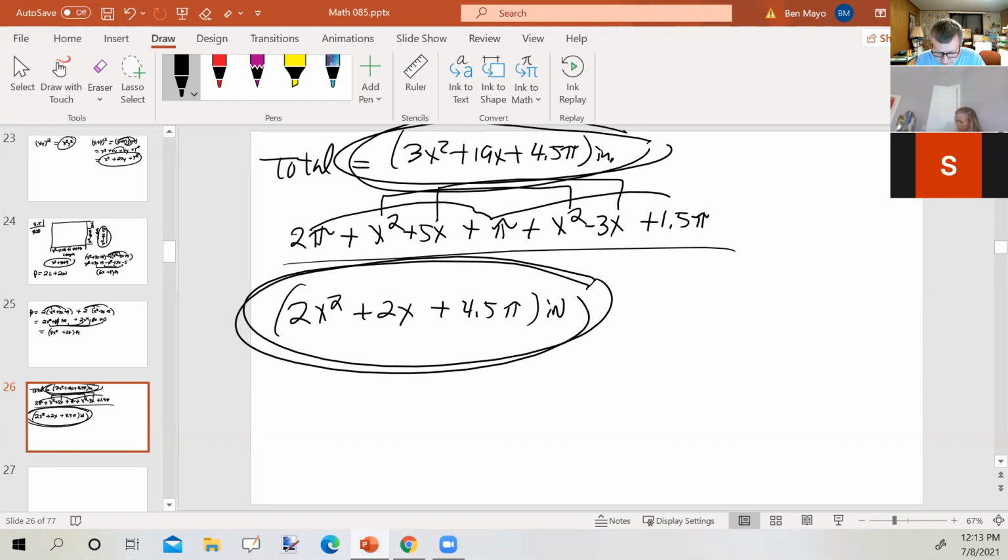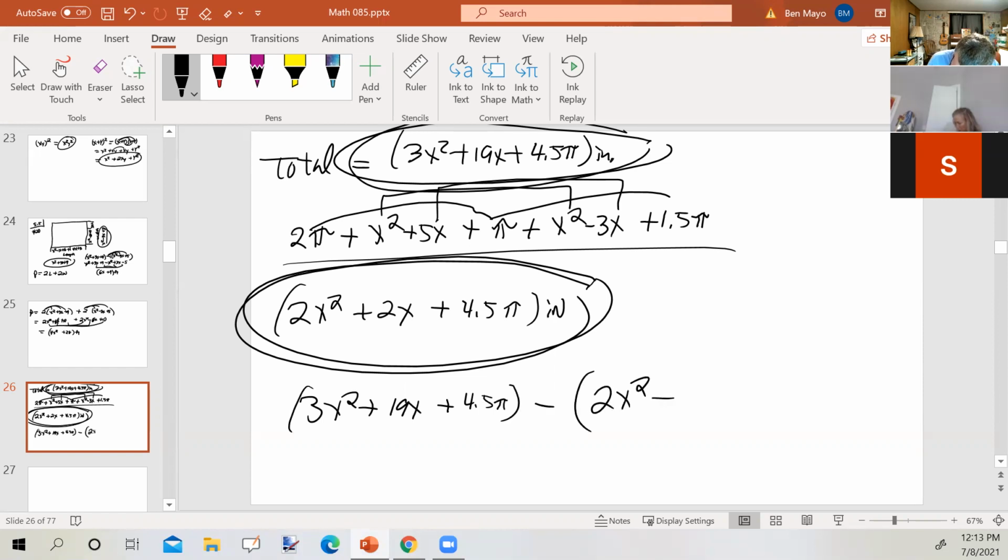Okay. So I'm going to take 3x squared plus 19x plus 4.5 pi minus the quantity 2x squared plus 2x plus 4.5 pi. And again, you're subtracting the whole quantity.